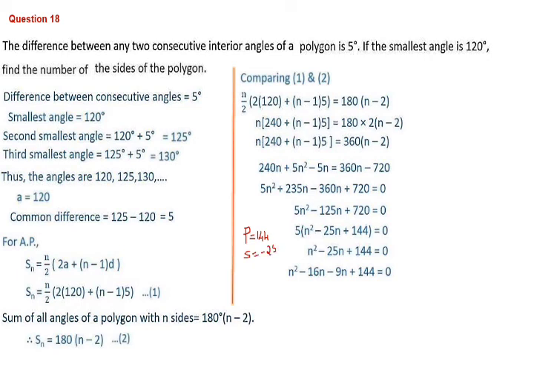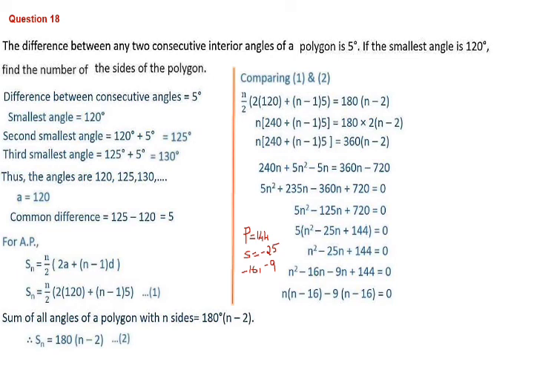To factorize 144, you will get the numbers minus 16 and 9. 16 and 9 is 25, adding. Here minus is there along with 25, so minus 25 is the sum. Minus 25 sum means minus 16 minus 9. So we split this one as minus 16n minus 9n, plus 144.